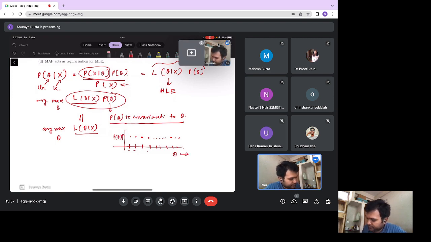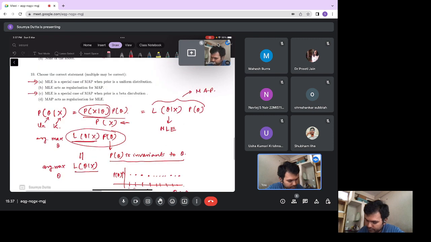Whatever value of theta I select here on the x axis, I get the same value on the y axis, and therefore this particular distribution is known as a uniform distribution because it gives all of them equal values, and therefore the first option is correct.